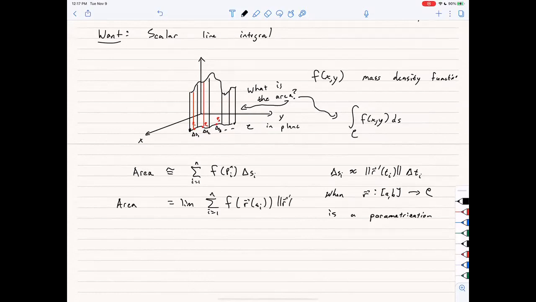This will be R prime of t. You can see that what you get here is this function integrated as a one variable integral. So this is just the definition of a one variable integral from a to b of this function, f of R of t, times the speed.